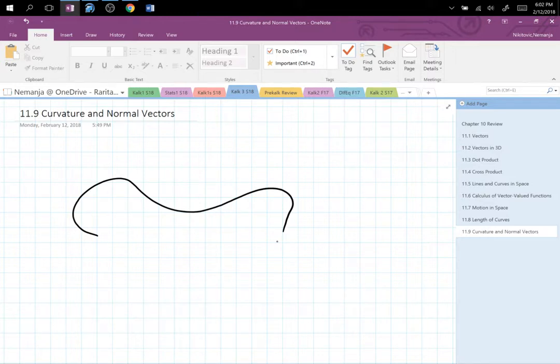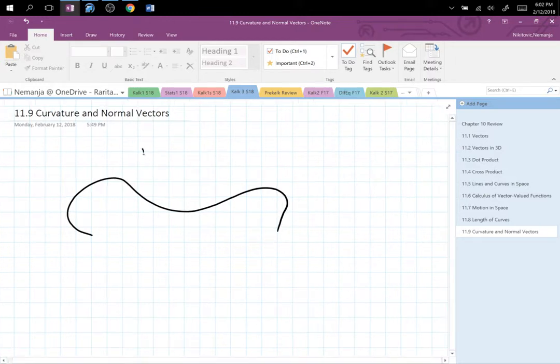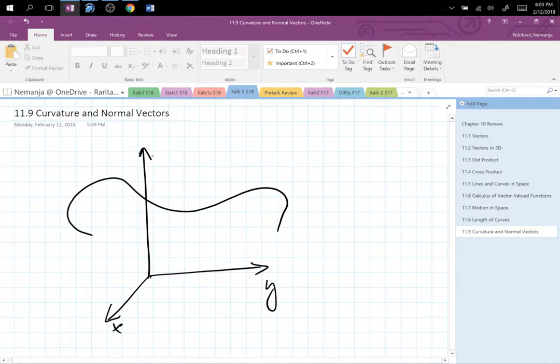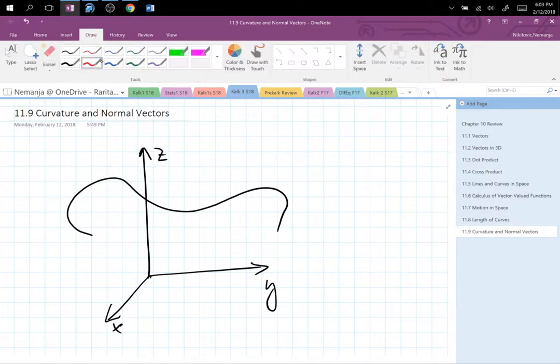So we know that we can describe this particular piece of wire by looking at your xyz plane, taking vector r to a location, and we know that r is given as your vector valued function that has f of t, g of t, and h of t.